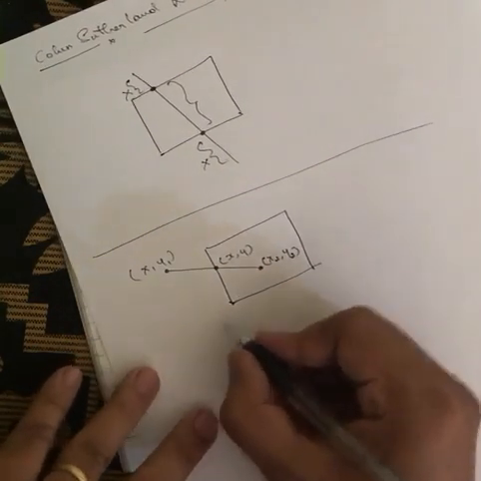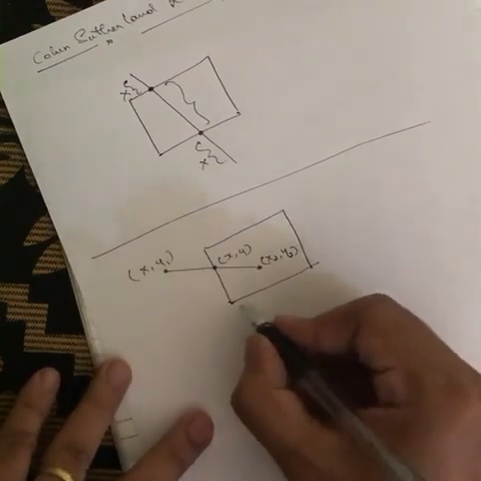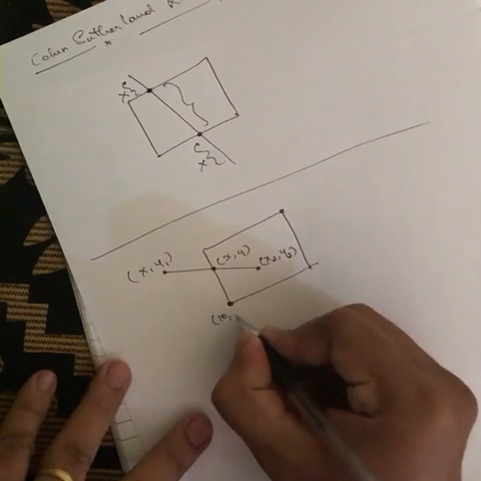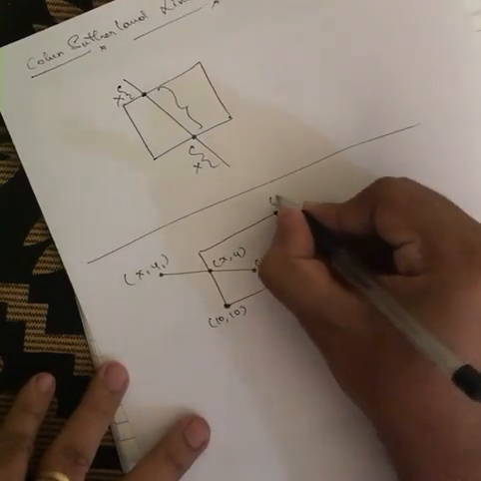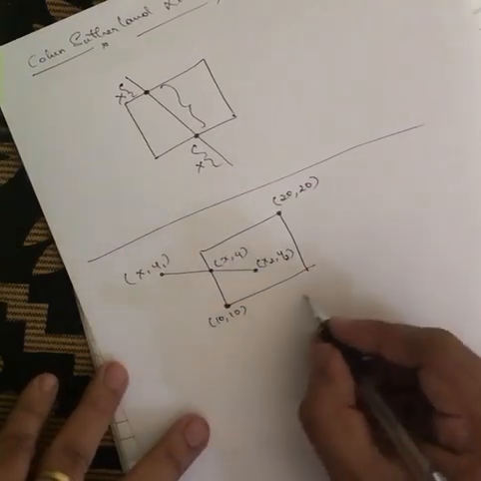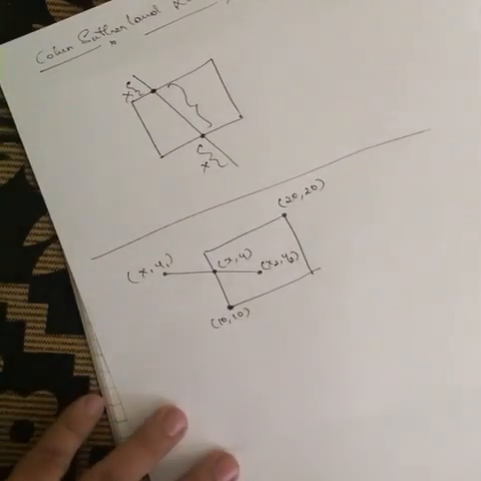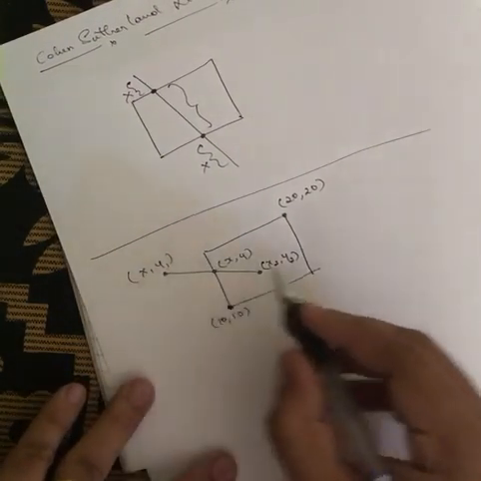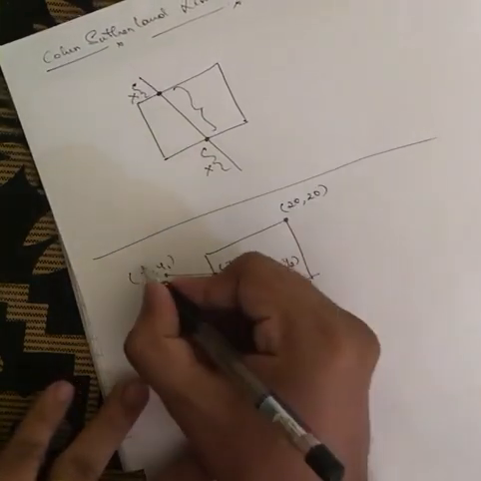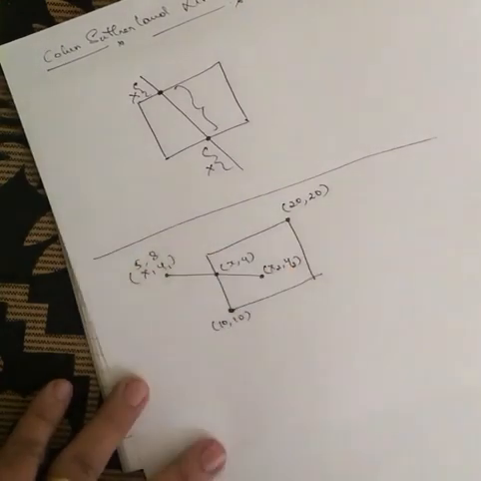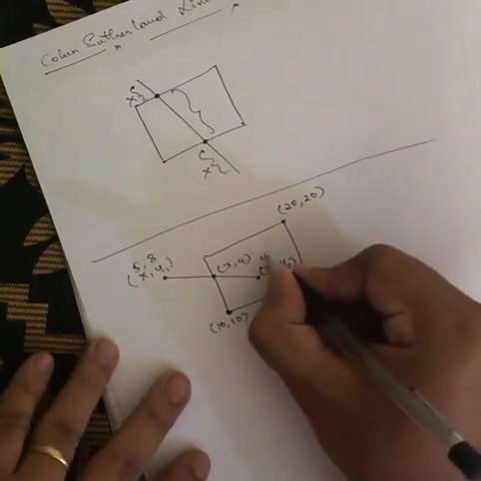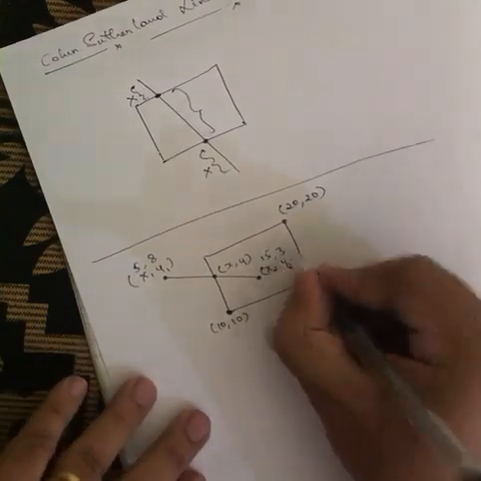Imagine I made this window with points 10 comma 10 and 20 comma 20, so the width and the height are 10 and 10, and I know x1 y1 and x2 y2. Say x1 y1 is 5 comma 8, and x2 y2 is somewhere around 15 comma 3.